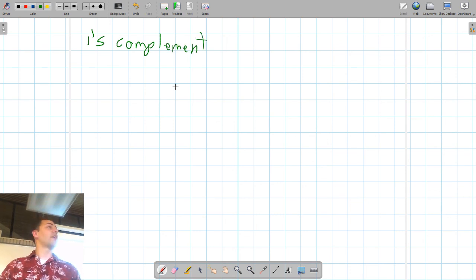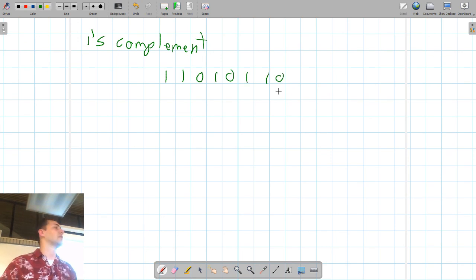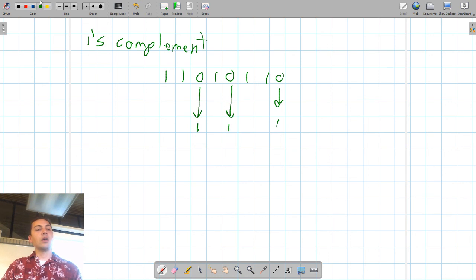It's dead simple to find the ones complement of a number. If you have a number, any number, there it is, pick the number at random. To find the ones complement of the number, every 0 becomes a 1. Every 1 becomes a 0.